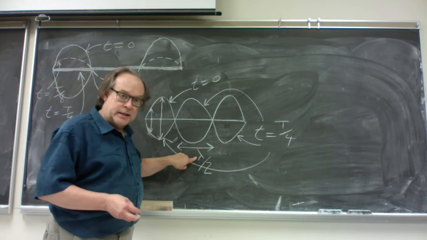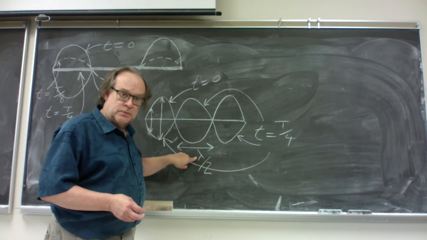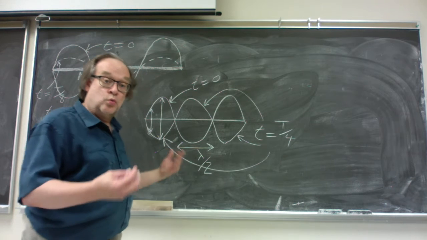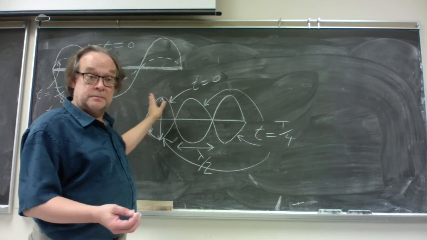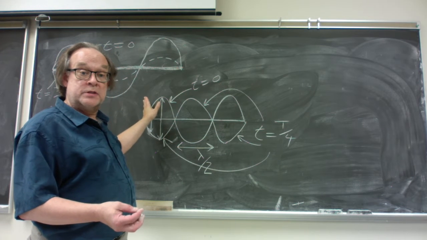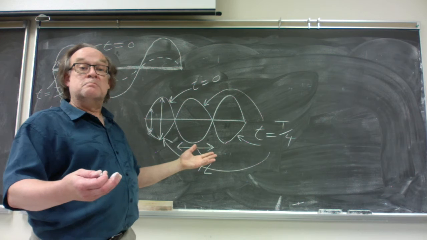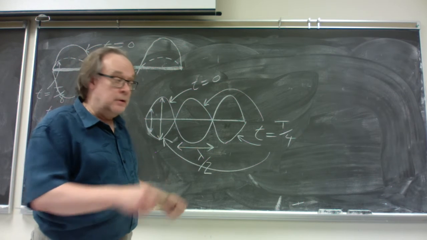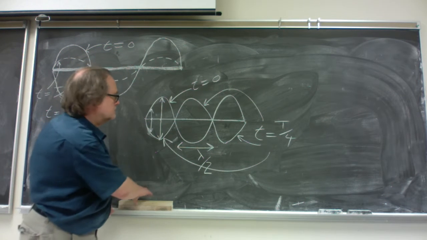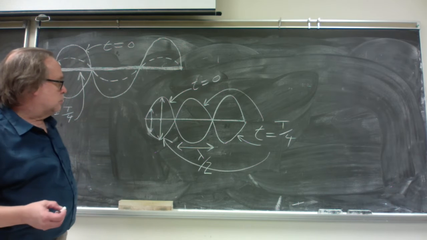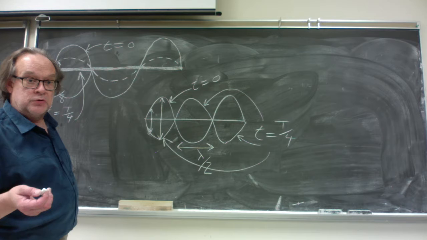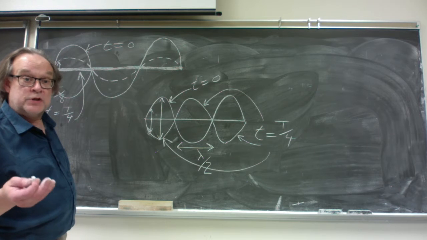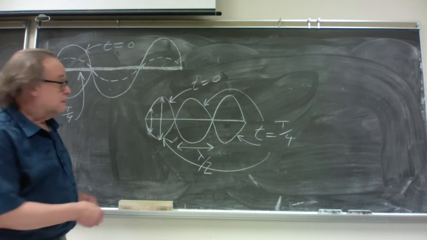And that's the key that tells us what the resonance frequencies are, the resonance frequencies that will give us standing waves with big amplitudes. So let's see what the rule is for figuring out what those resonance frequencies are.